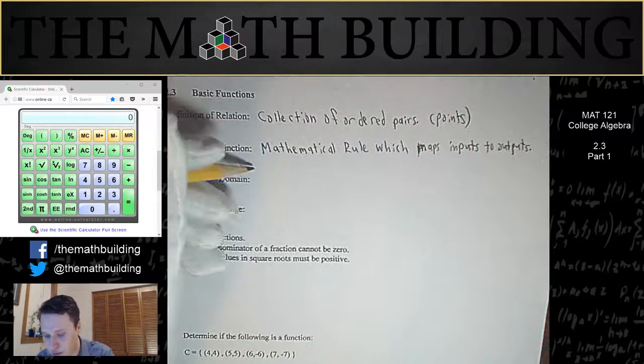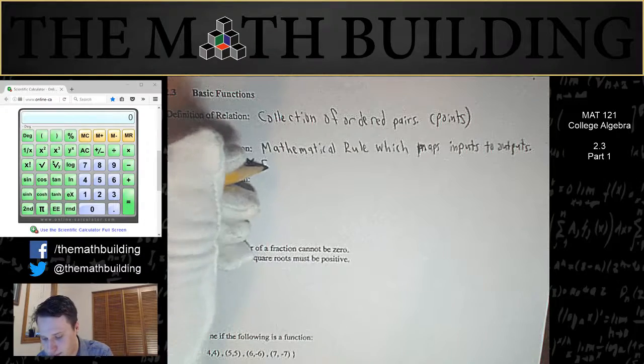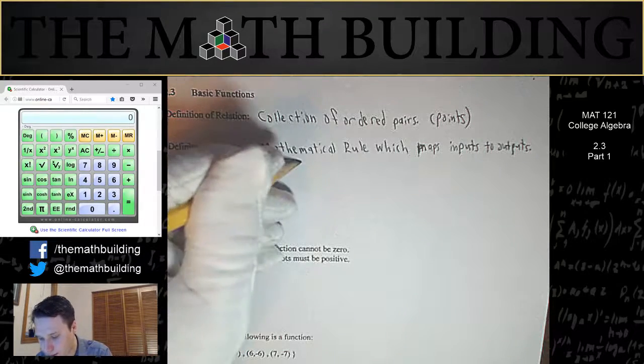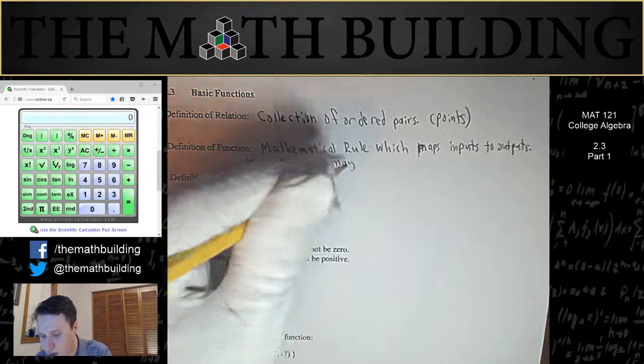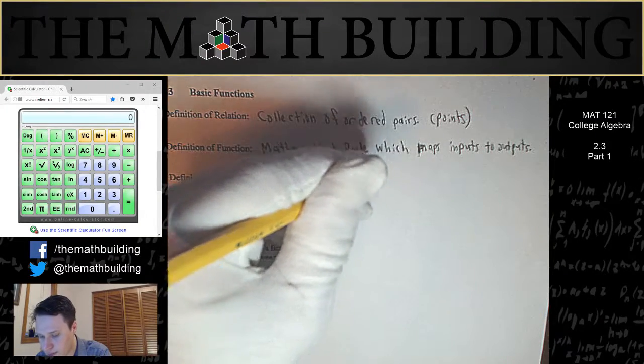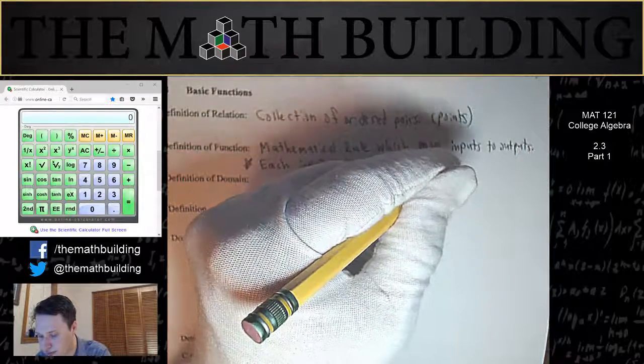And that different rule, and this is very important, is that each input may only go to one output.